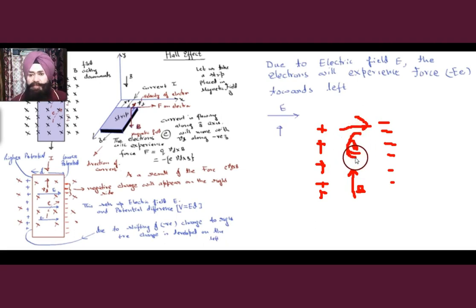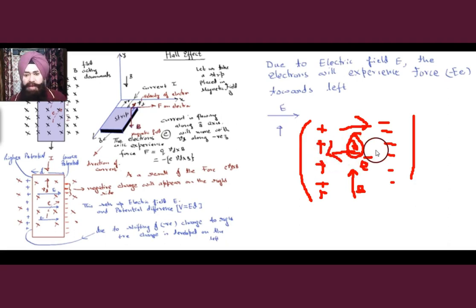That means the electron will experience a force along this direction due to the electric field, because the electron is negative. So here it is positive and here it is negative, and the electron will experience a force along this side.